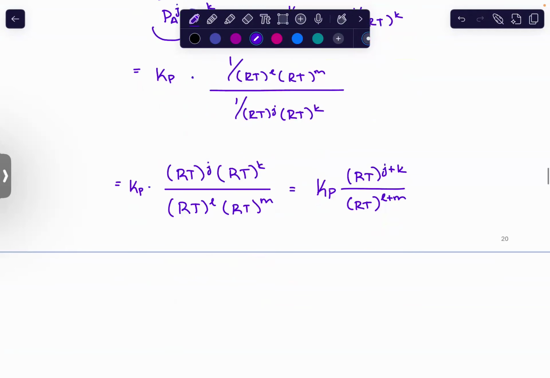And now I want to turn this into a single expression. So now I'm dividing two values that have exponents, so I subtract the exponents. So that's going to be RT to the J plus K minus L plus M.